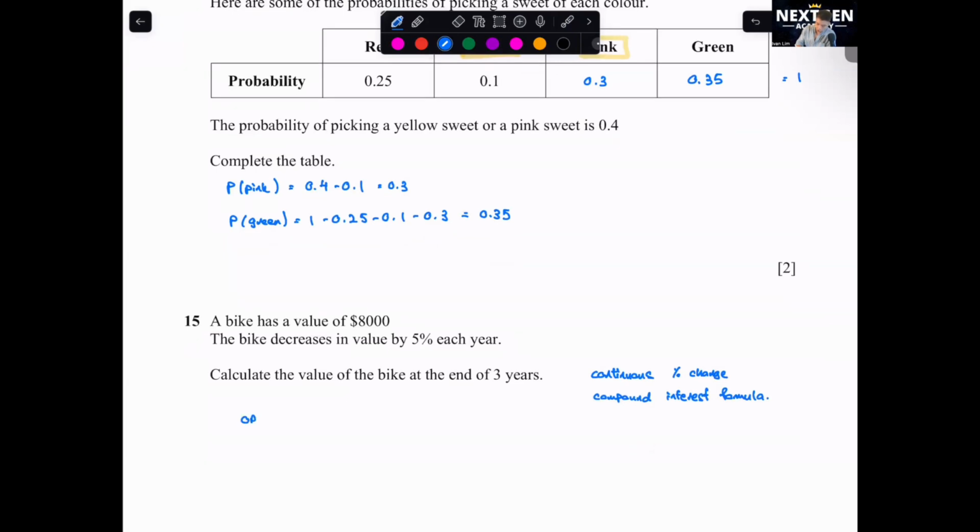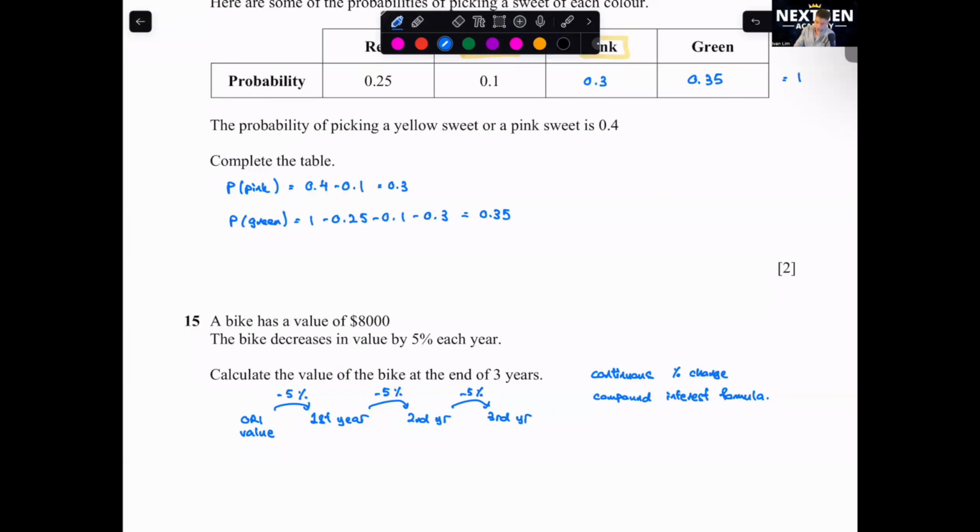Let's say you got your original value. What happened? After the first year, it drops 5%. Then, second year, based on the first year value, it drops another 5%. Then on the third year, based on the second value, it drops another 5%.